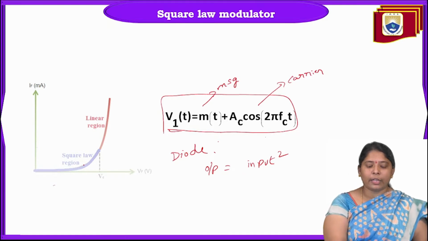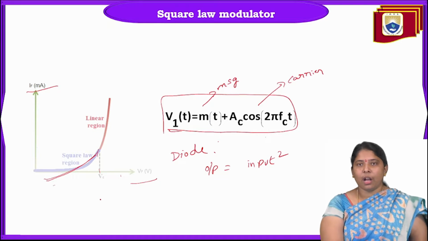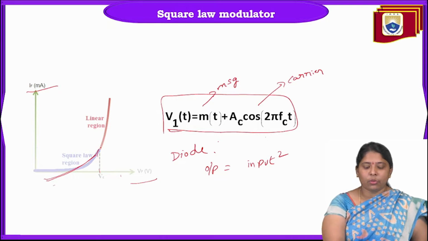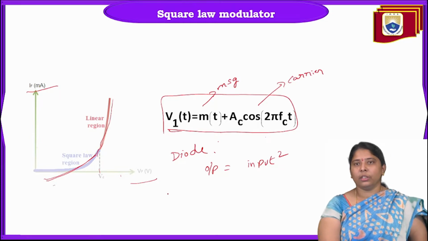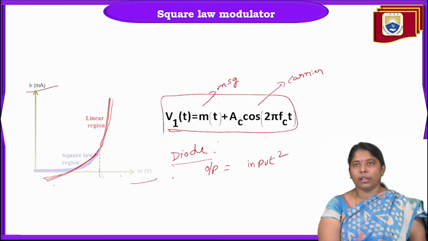If we observe diode characteristics in forward bias, forward voltage and forward current, as we know, before the cut-in voltage we have a curve like this. This is called the square law region. After cut-in voltage, it is going to conduct, so it enters into the linear region. So we can consider this region of the diode as a square law device.